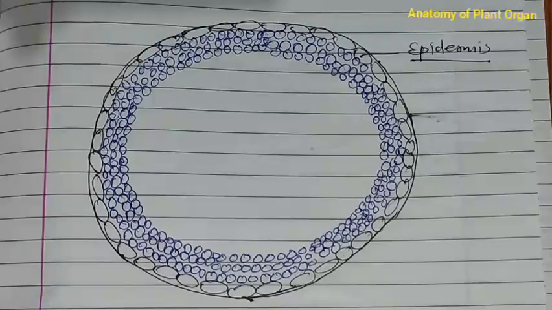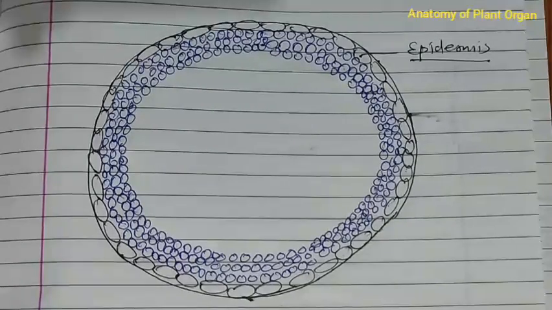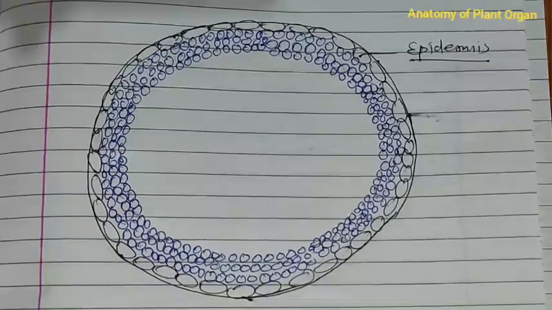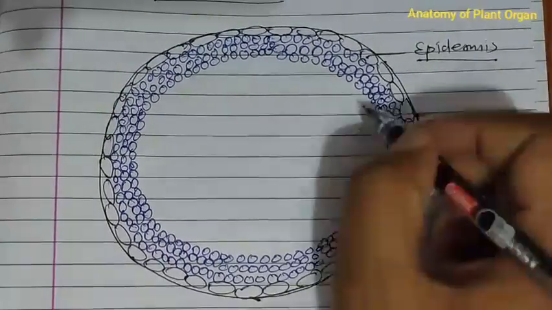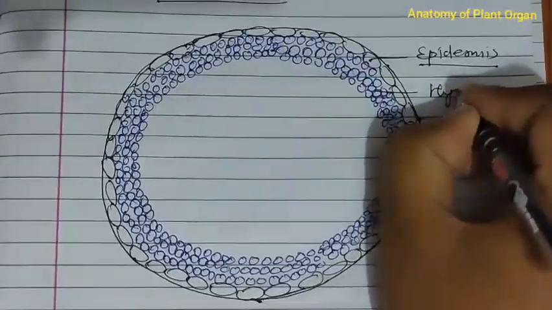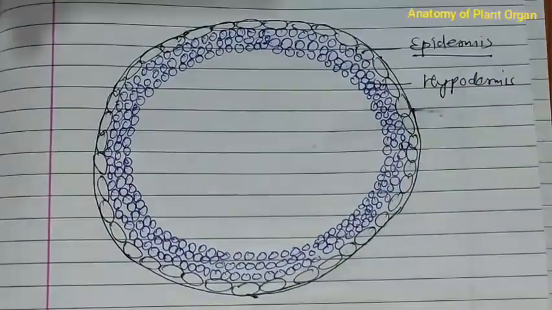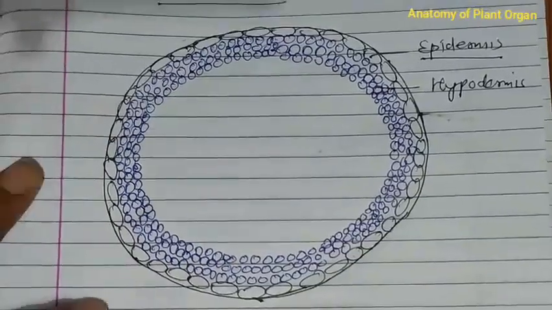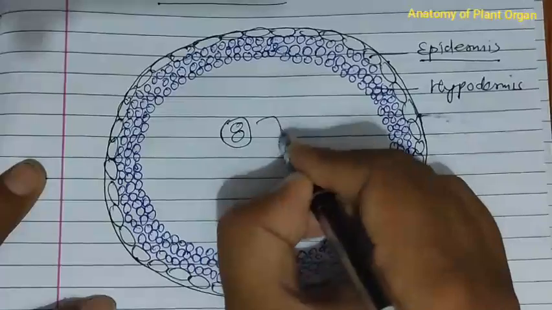So here cortex is absent and ground tissue is not completely differentiated. So this is hypodermis, and ground tissue is not differentiated, as scattered vascular bundles are found, and in these scattered vascular bundles we find xylem and phloem.